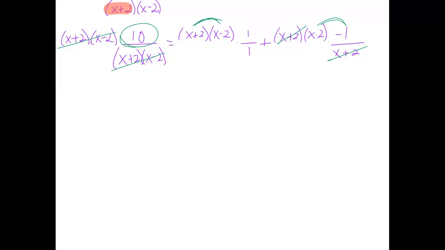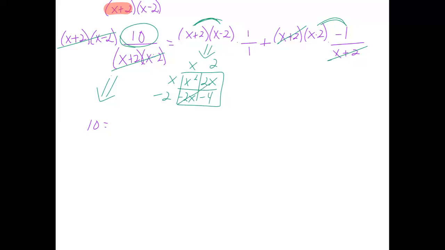When we go to rewrite this thing, first one, we get a 10 equals. Next one, we need to do the box or FOIL, whatever your preference. So x and 2, x and negative 2. So we would get x squared, 2x, negative 2x, and negative 4.